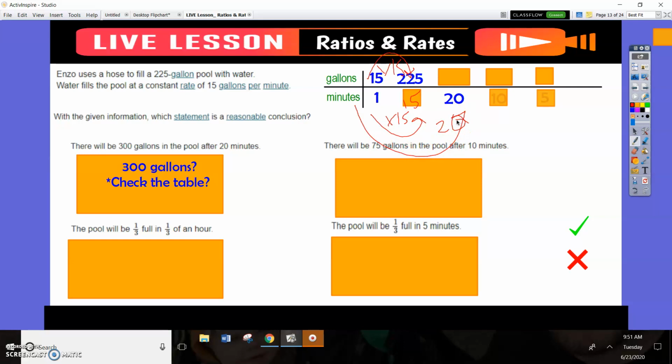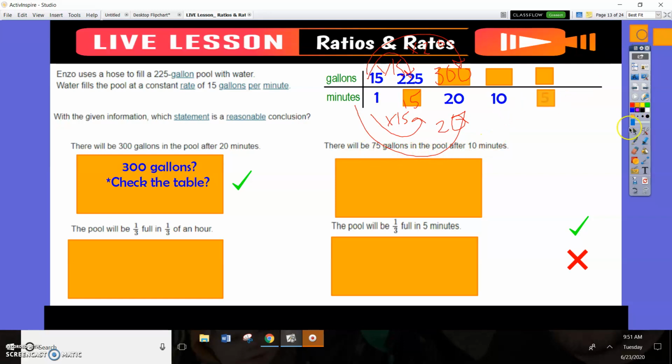So whatever I do on the bottom, I must also do on the top. 15 times 20 is going to give me 300. Okay, so there will be 300 gallons in the pool after 20 minutes. Well, that happens to be true, so I'm going to give this statement a green check.